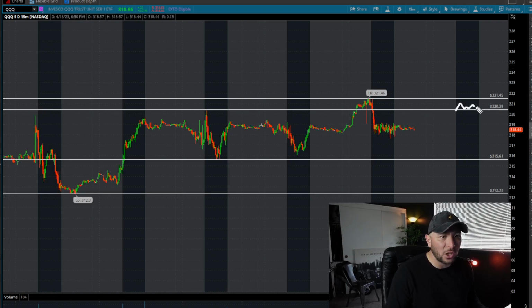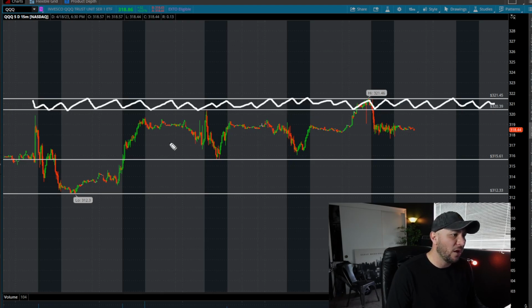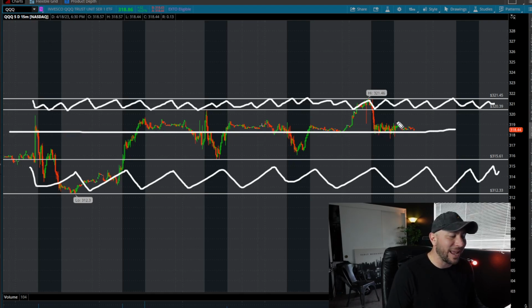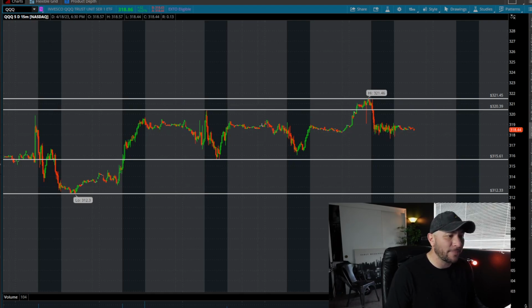You don't want to get long here, get chopped around, and then have it come crashing back down. This whole area has been acting as a level of resistance. This whole area down here has been acting as a heavy area of demand. Everything in between has been absolute chop.